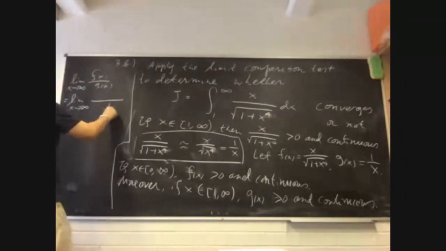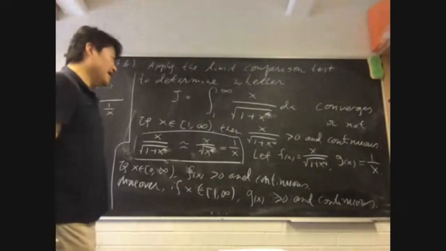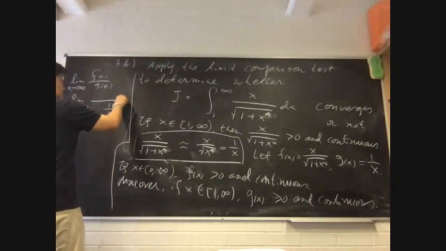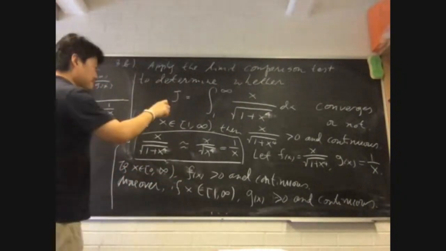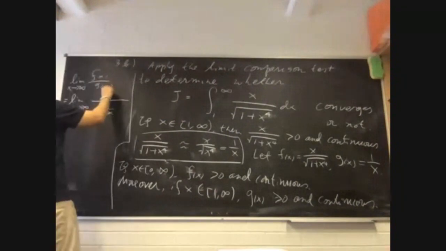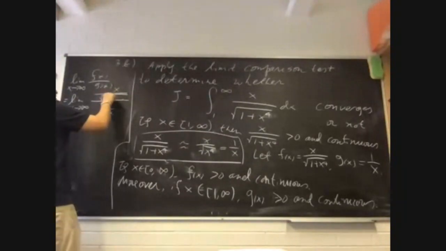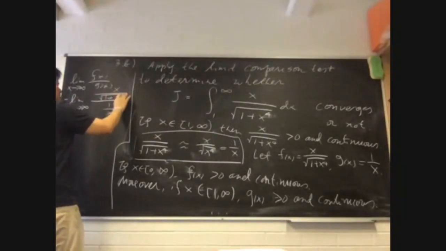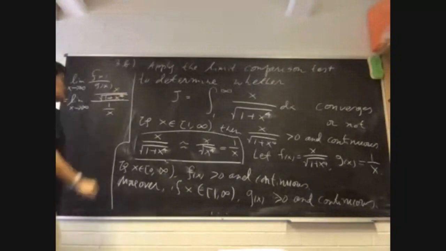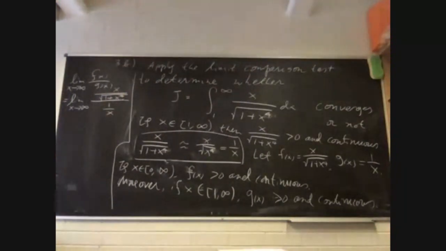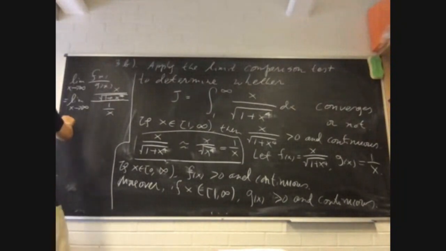So 1 over x, and upstairs, I have x over square root of 1 plus x to the 4th. All right. So that's f of x over g of x. All right, let's continue. That's obviously something that requires some simplification.